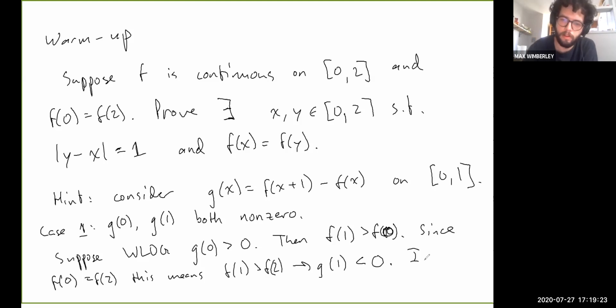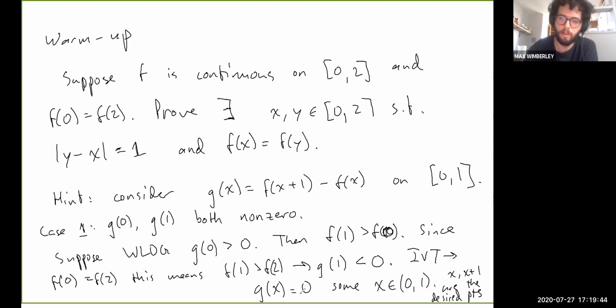Then the intermediate value theorem says that G(x) equals 0 for some x in (0, 1), right? And then x and x plus 1 are the desired points, because if G(x) is 0, then f(x) equals f(x plus 1), which is exactly what we want, right?